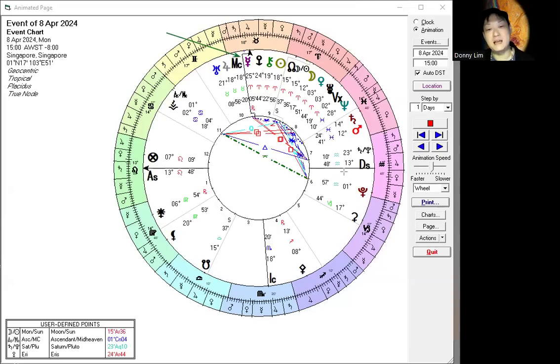Last but not least, 10th from the 10th. This can be talking about being ambitious for the sake of being ambitious, or someone who's being ambitious for the sake of one's maternal influence on oneself.